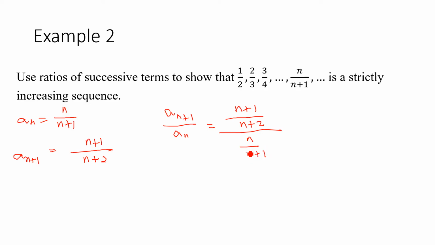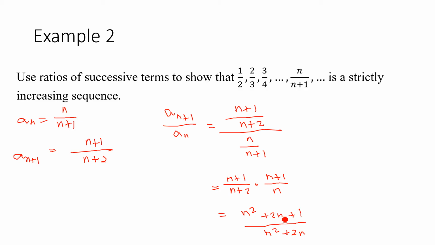In this case, we have n plus 1 all over n plus 2 multiplied by the reciprocal of this one. So that would be n plus 1 over n, which is equal to n squared plus 2n plus 1 all over n squared plus 2n.